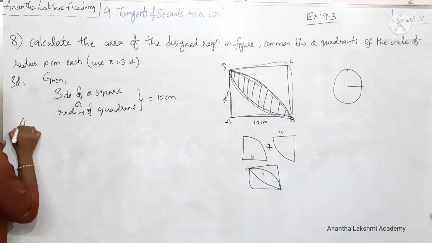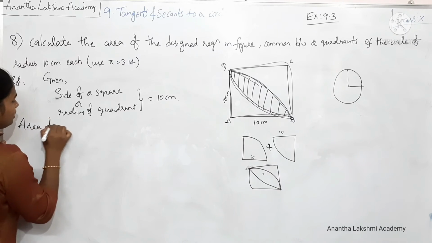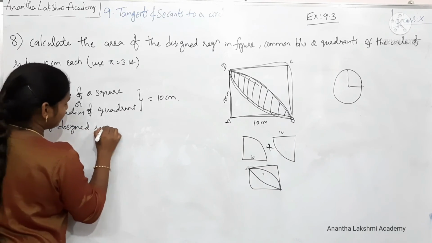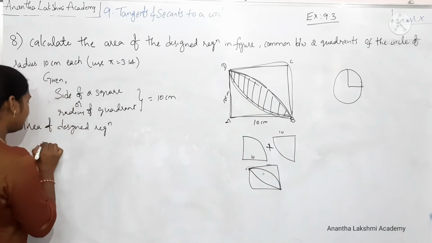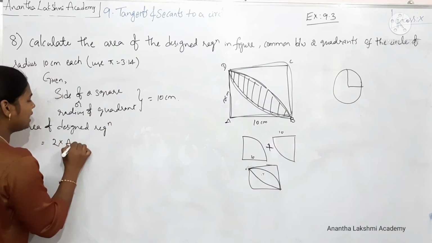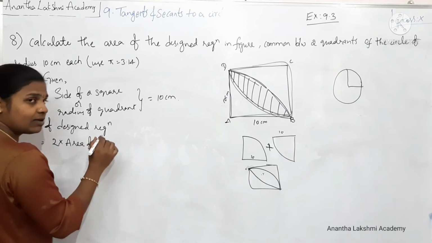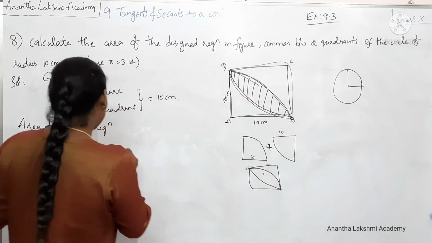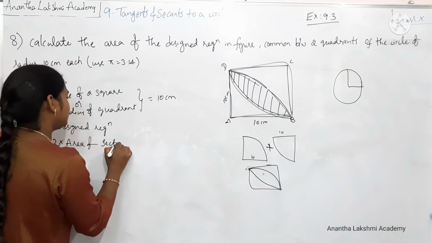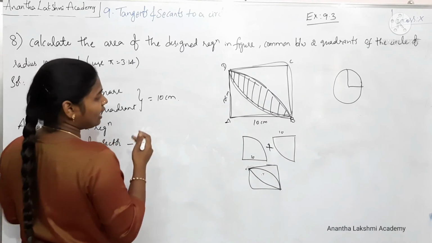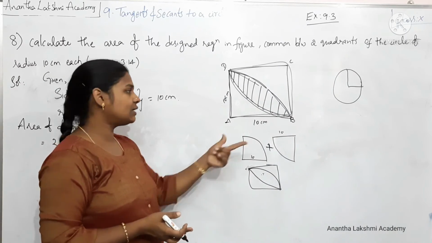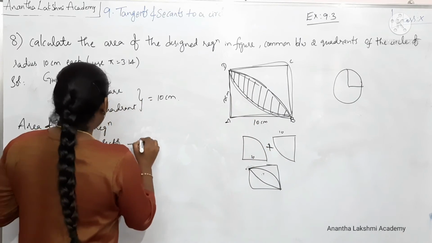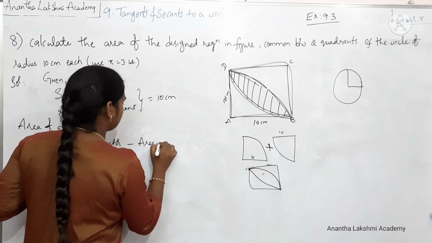Now, in order to figure out the area of the designed region or shaded region, as it is given in the problem as designed region, hence I am writing the same. 2 times the area of, what is it? The area which is enclosed between two radii with an arc, the sector. Area of the sector minus the area of the square. Why am I doing 2 times the area of the sector? Because for both of them the radius is the same.